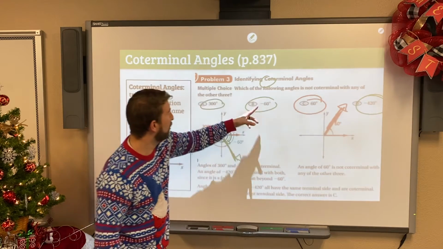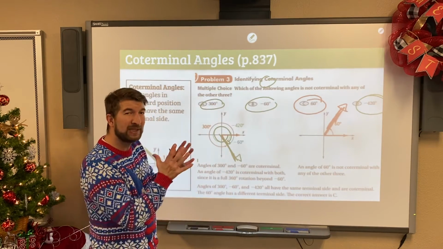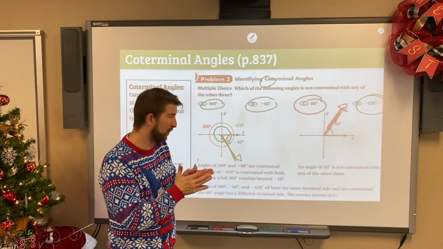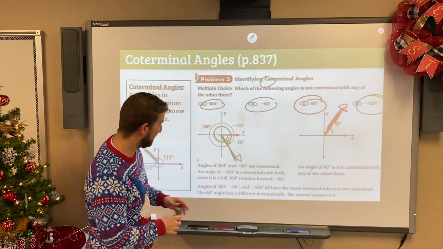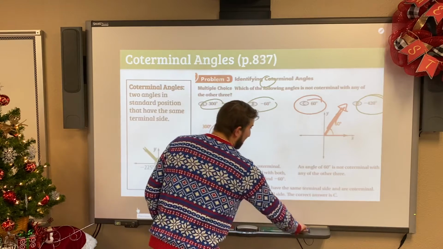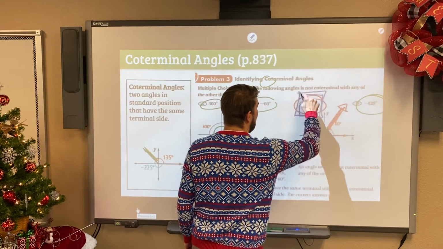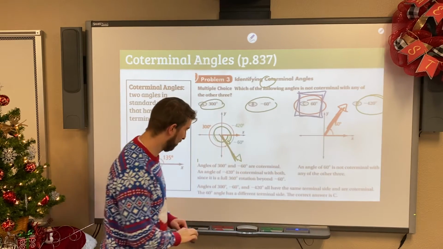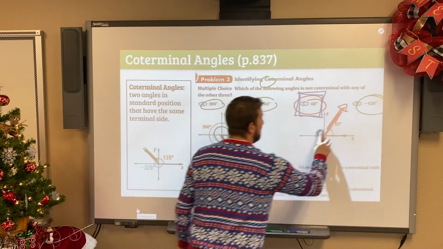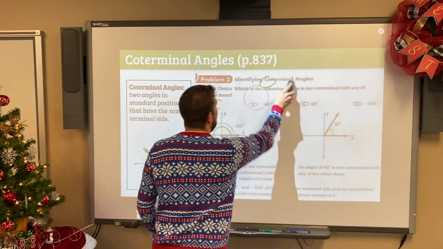So negative 420, negative 60, and 300, we would say that they all three are coterminal. They end in the same quadrant, in the same area, which means that angle 60 would be the only angle that is not coterminal.